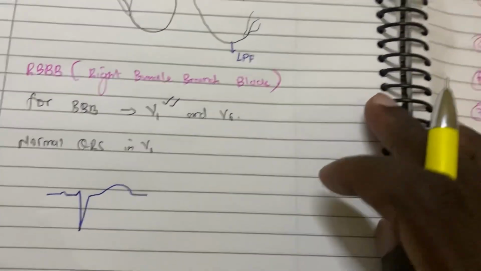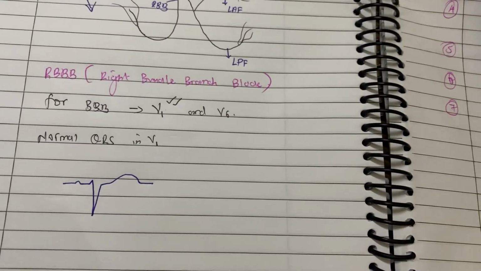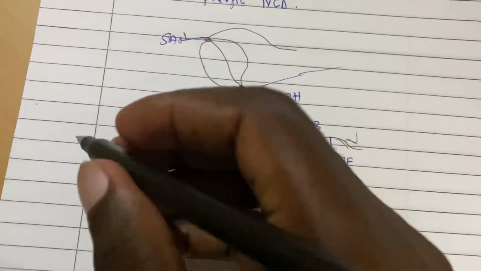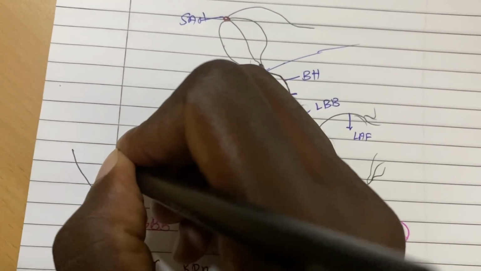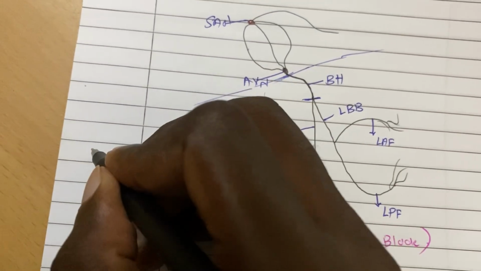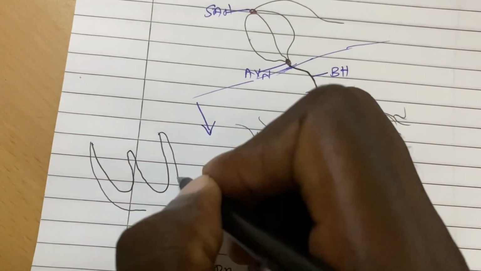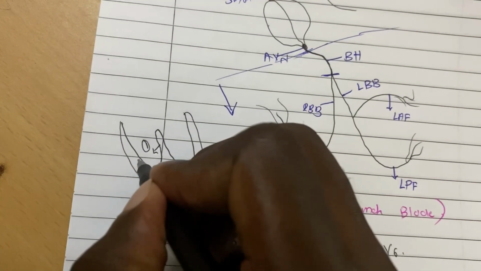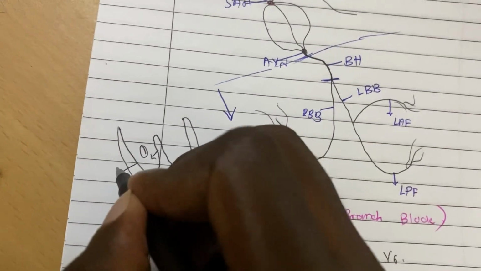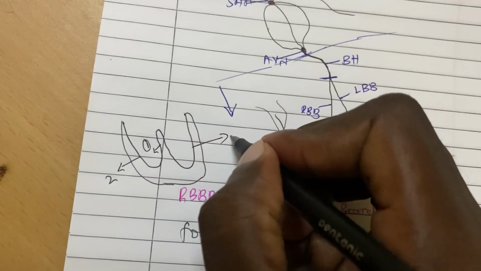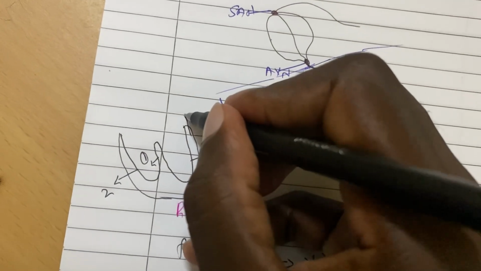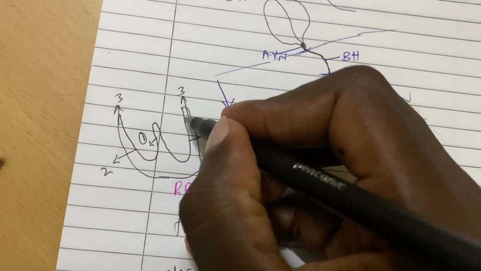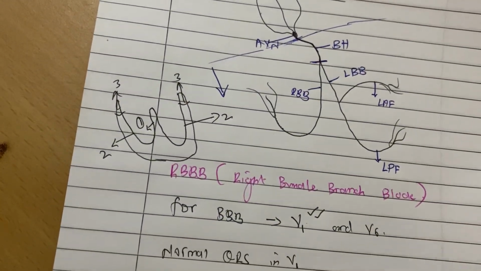Again, if you go back to what we finished, the depolarization of the ventricles, just as a reminder, we are drawing some part of our myocardium here. We said the first is septal depolarization, 2 is the free wall, and 3 is the basal parts, which are these ones.